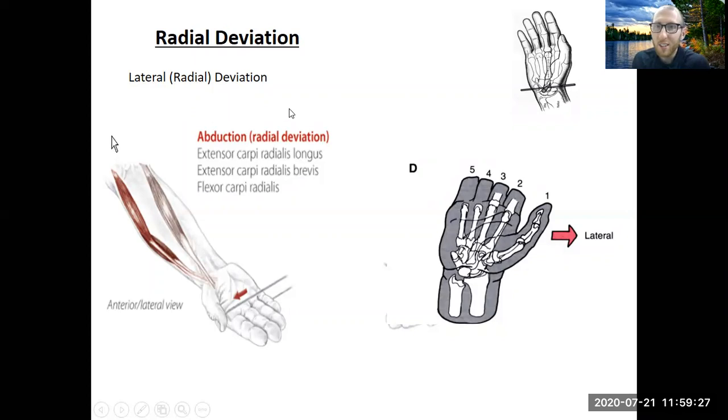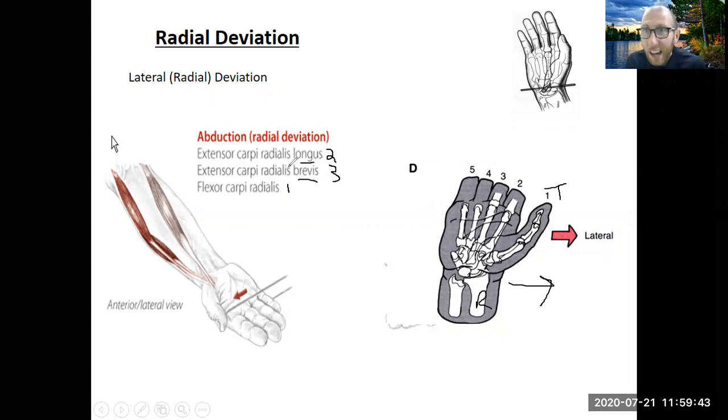Lateral radial deviation. We're going to the thumb side here and we're pulling it to the radius in this direction. It's got 3, and the only reason it has 3 is because there's a longus and a brevis for the extensor carpi radialis.